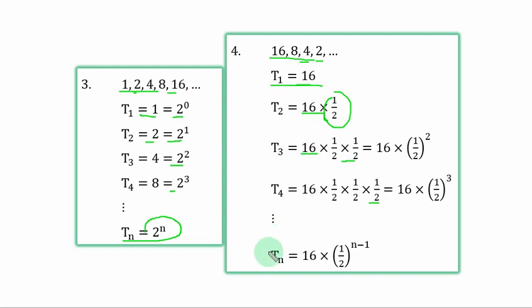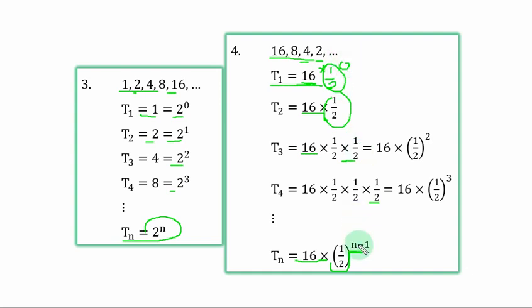With this, we get the nth term as 16 times 1 over 2 in bracket to the power of n minus 1. Why is the power like this? That means here also we have 16 times 1 over 2. And what we need is 16, the first term. In order to remove this, the power needs to be 0.